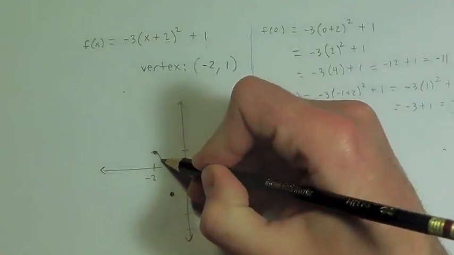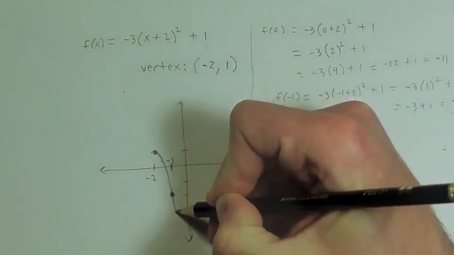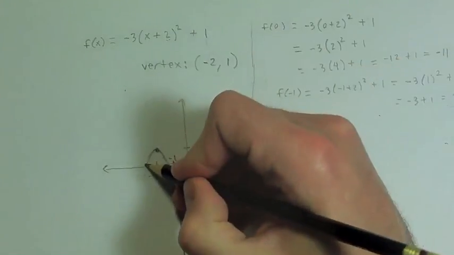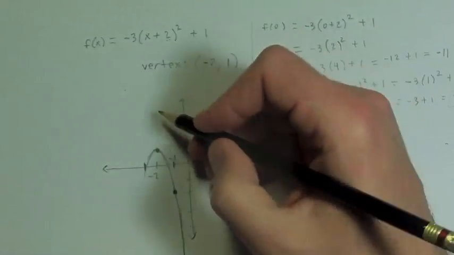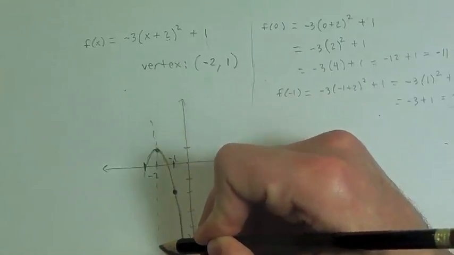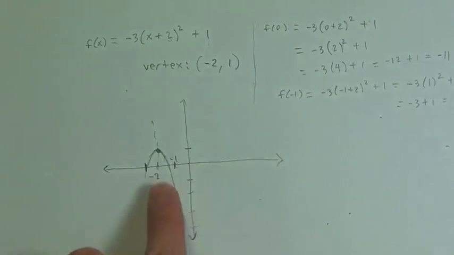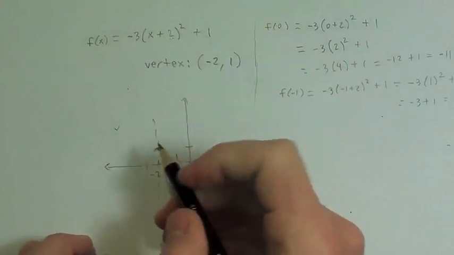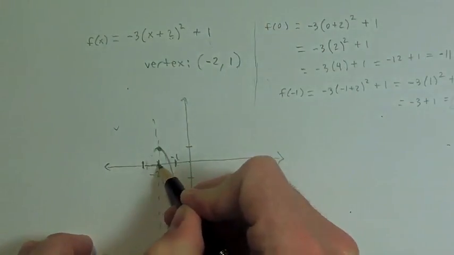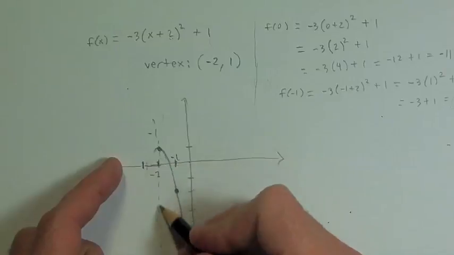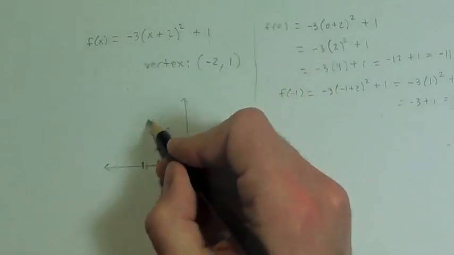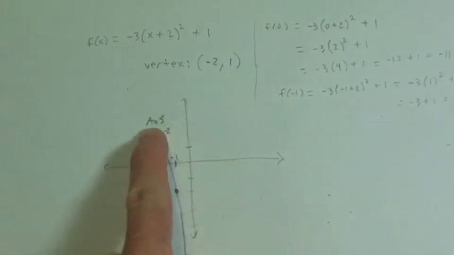Okay, so that means we open downwards. And since we have this axis of symmetry, I also know another point, because this has to be symmetric across this line. This is the axis of symmetry here, often abbreviated as AOS.